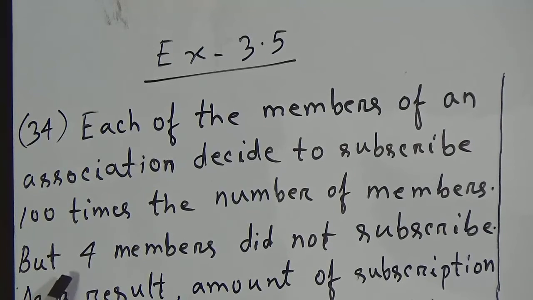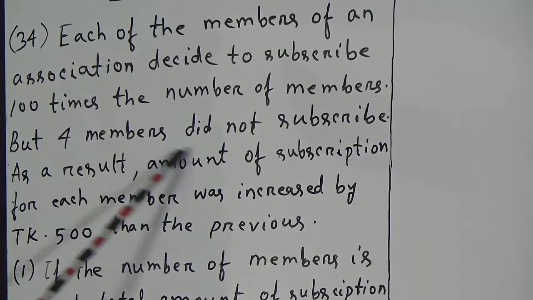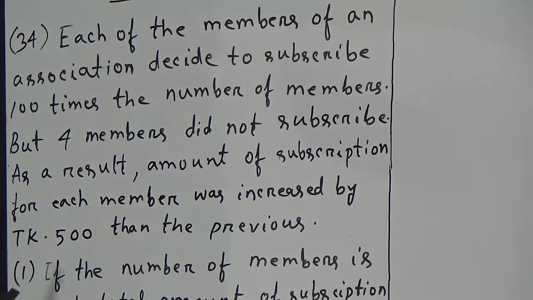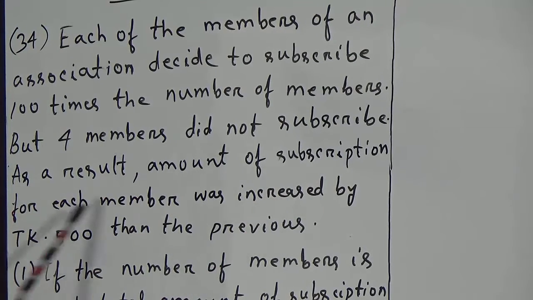In your book here it is written that but 7 members did not subscribe. You have to take a correction. It will be but 4 members did not subscribe. Then you can solve the problem. As a result, amount of subscription for each member was increased by TK 500 than the previous.